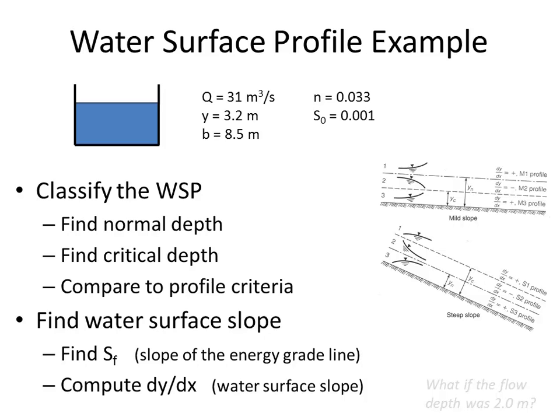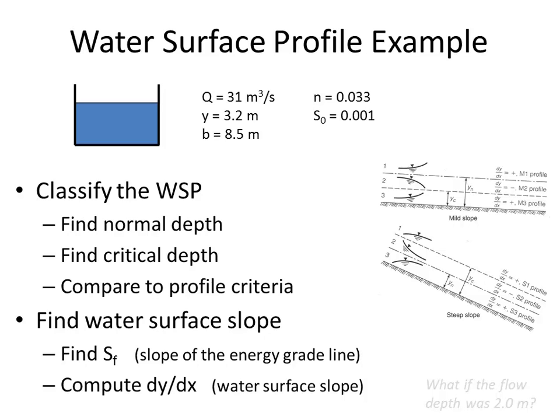So we're going to calculate dy/dx with all the information we've got so far. dy/dx is S naught minus S sub f, over 1 minus the Froude number squared.